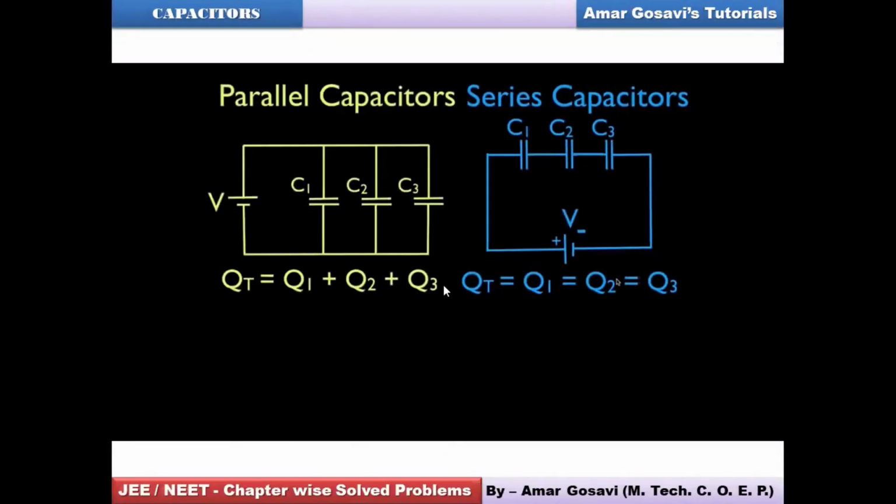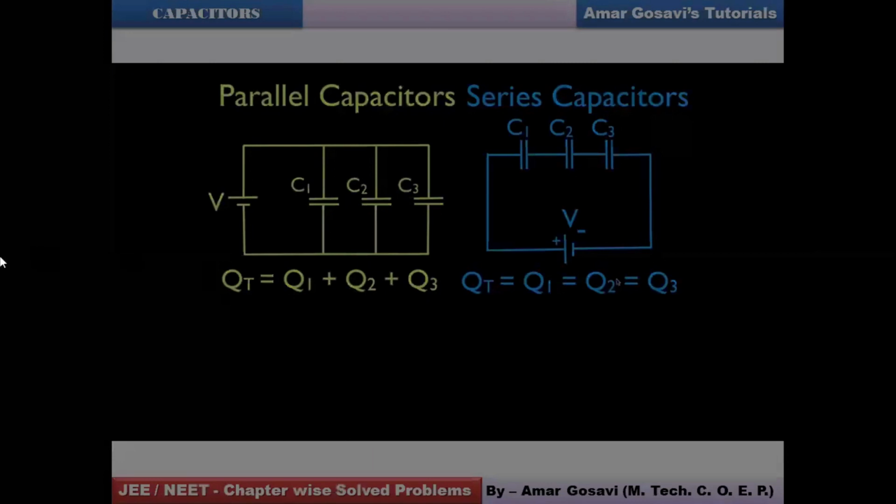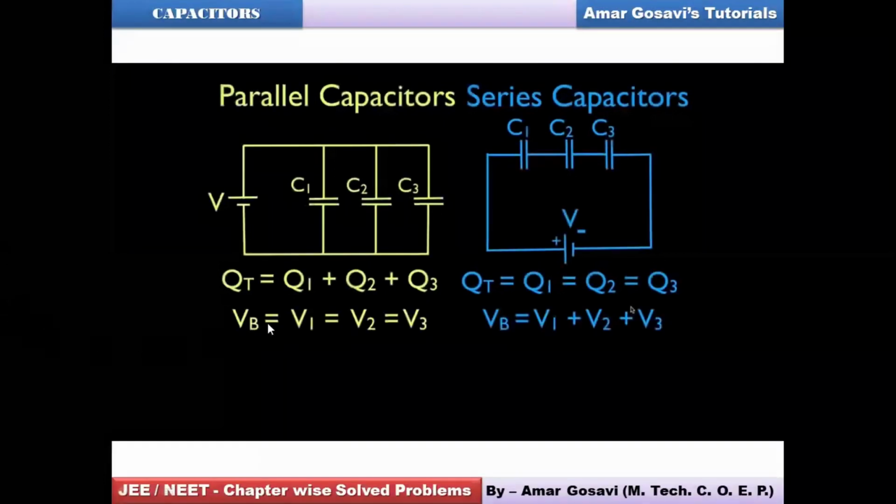What is important to be noted over here: for series capacitors, the charges would be same, and for parallel, the charge gets distributed. Second point of difference, for parallel the voltage would be same, for series the voltage gets distributed.